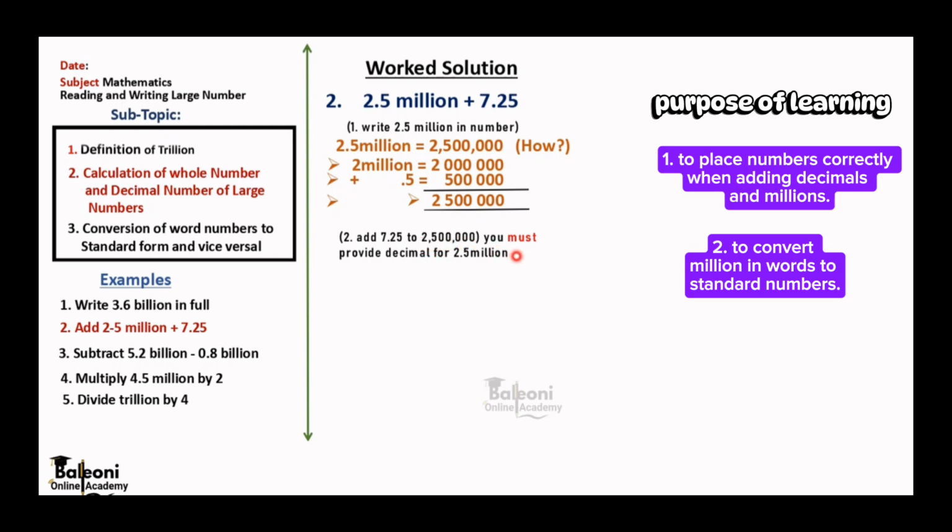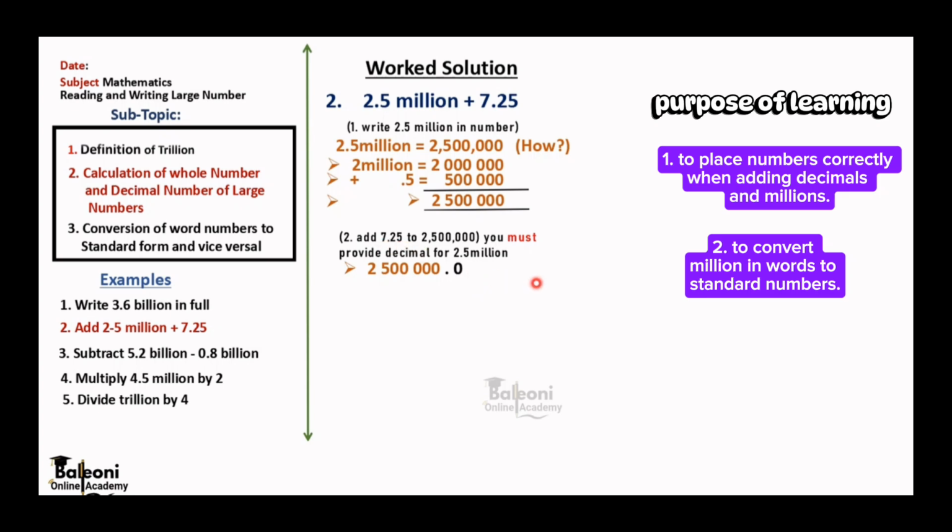And when we do that, this is how it will look. You see, 2,500,000.0. The point is the decimal point that we provided, while the 0 is the decimal number we provided, just for us to be able to have a decent calculation with the decimal numbers we have here.